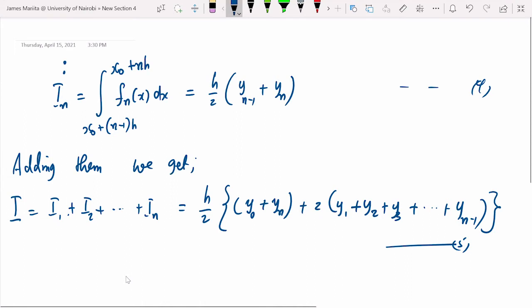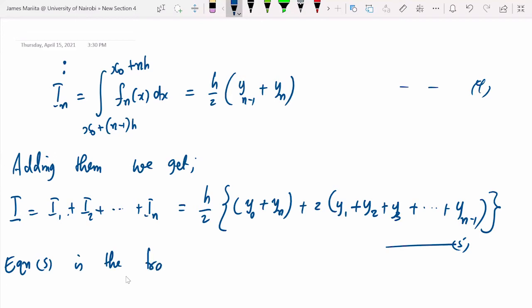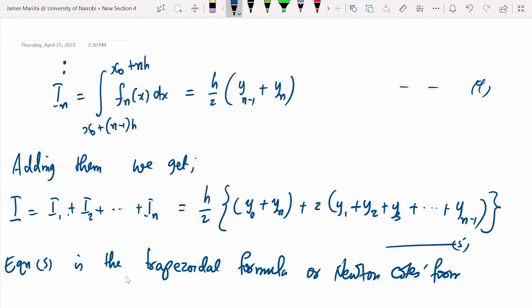This equation 5 is the trapezoidal formula or Newton-Cotes formula for n equal to 1.